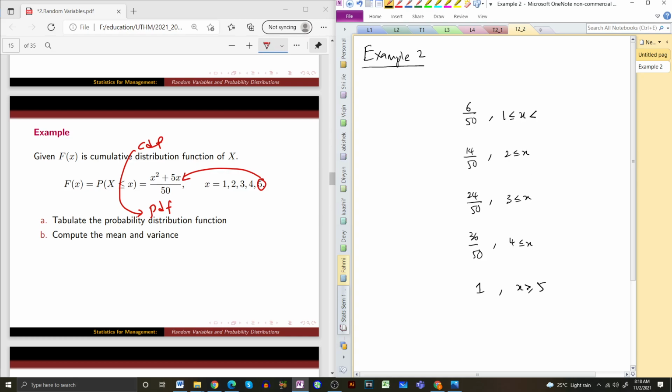So here you will write it as 2, 3, 4, 5.